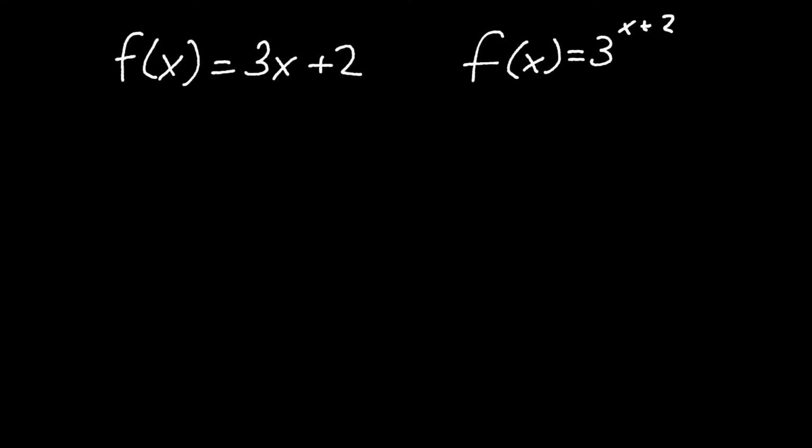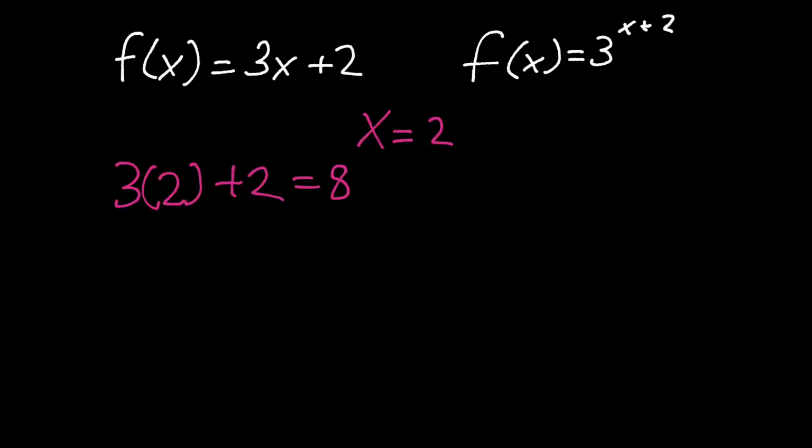Let's say for a second that x equals 2. In our general function, our regular one, if I put in x equals 2, we're going to have 3 times 2 plus 2. 3 times 2 is 6, plus 2 gives me 8, so our answer is 8. But in an exponential function, if I put the 2 in for x, I'm going to have 3 being raised to the 2 plus 2 power, which means it's actually 3 to the 4th power, which is 81.